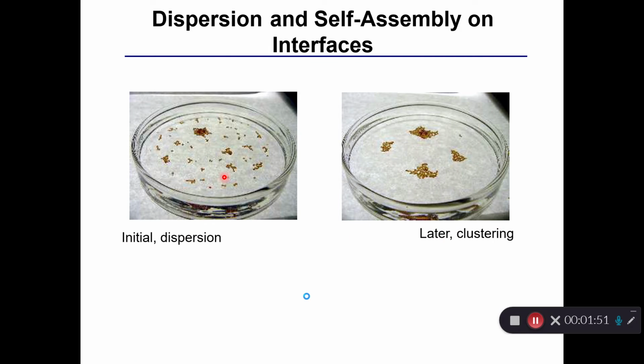They disperse very fast on the surface. Later, they form the clusters. So this is because the surface of the water is deformed by the particle's absorption.